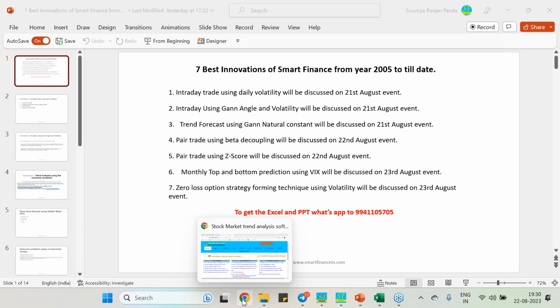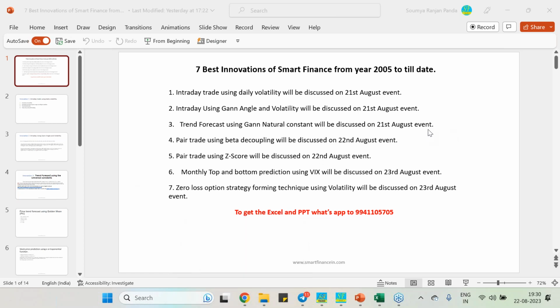So if someone says that now the majority of people are selling or buying State Bank of India, you will be able to tell using beta decoupling and Z score. Whatever distribution happens, you will learn those distribution concepts through this method. So this is a very important method.